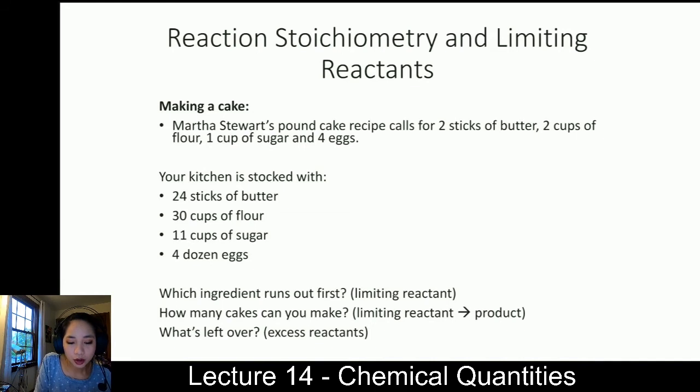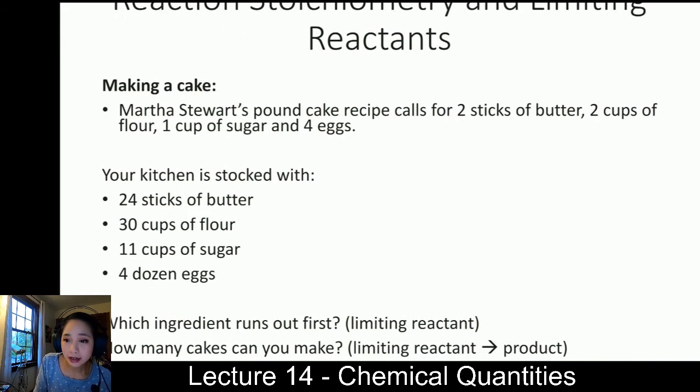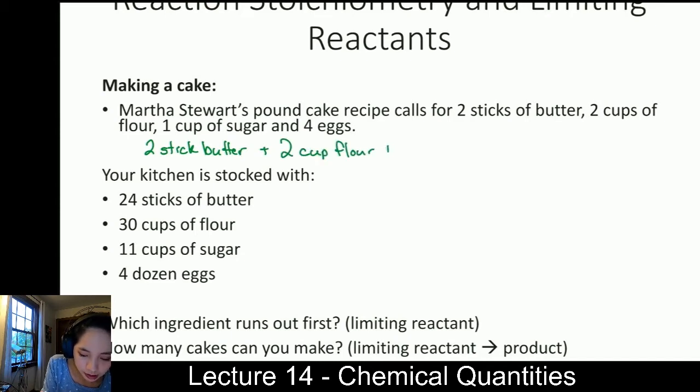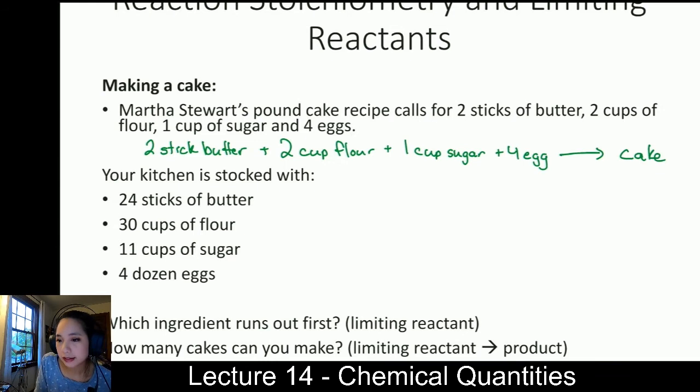So we could write a chemical equation for this. Essentially this is 2 sticks of butter plus 2 cups of flour plus a cup of sugar and 4 eggs. Those are all our reactants, and it produces a cake, or one cake.